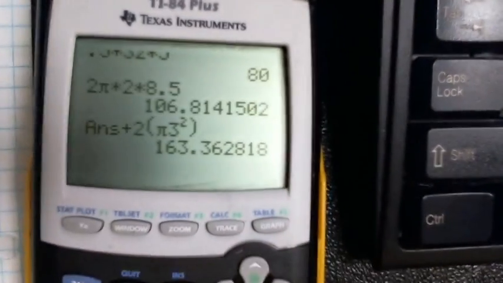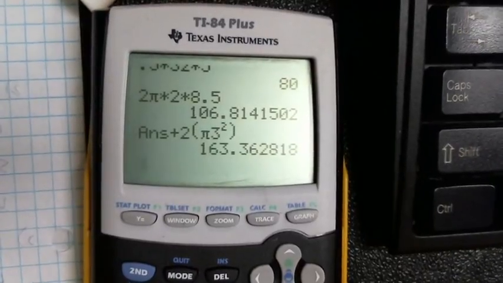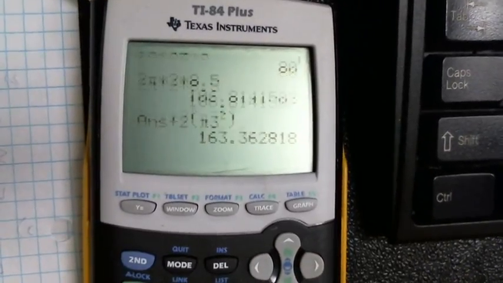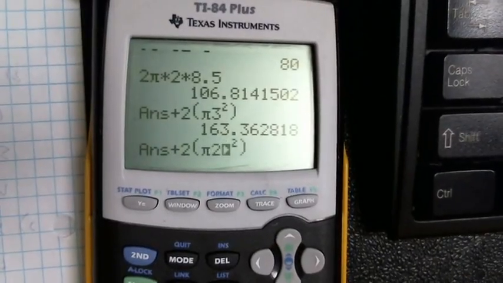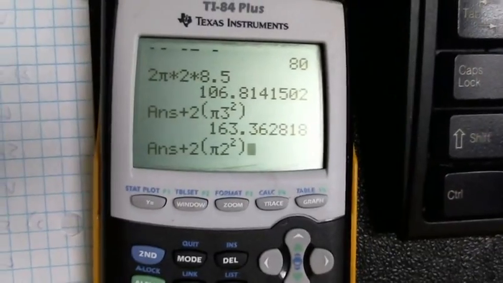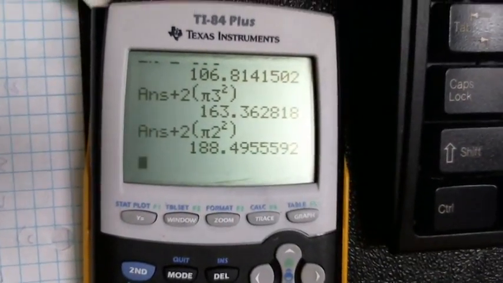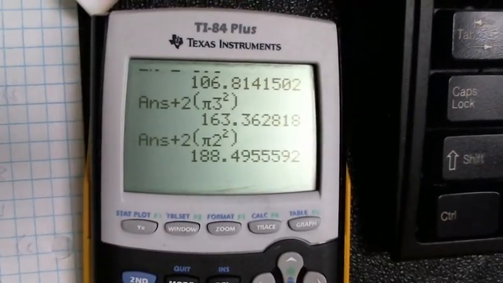Let's try that again. That was supposed to be a 2 there. Oops, I had the answer still there. Darn it.